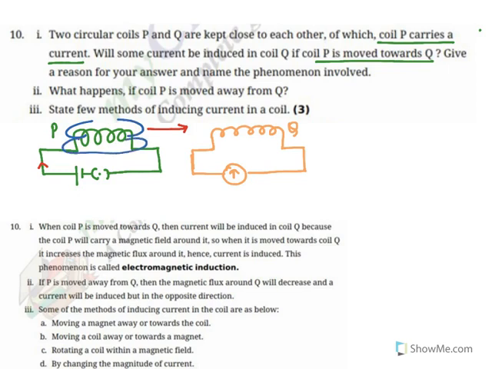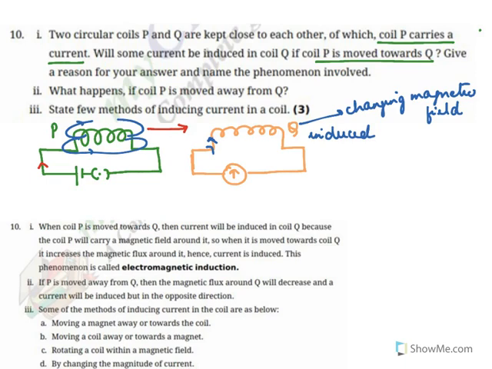As P moves towards Q, the magnetic field associated with Q will also increase. Hence a current will be induced in Q, because Q will now be in a changing magnetic field.